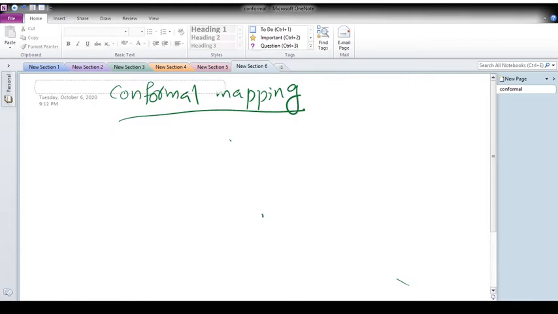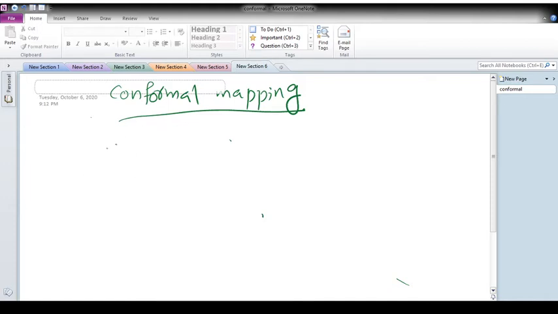In this section, the geometric consequence of the existence of derivatives of complex functions. The conformal mapping explains the geometric consequence of the existence of derivatives of complex functions.